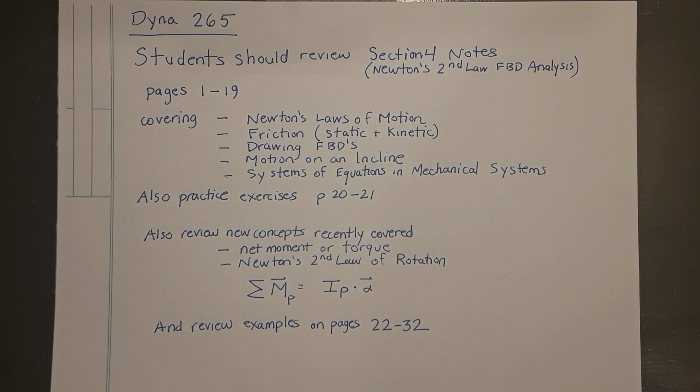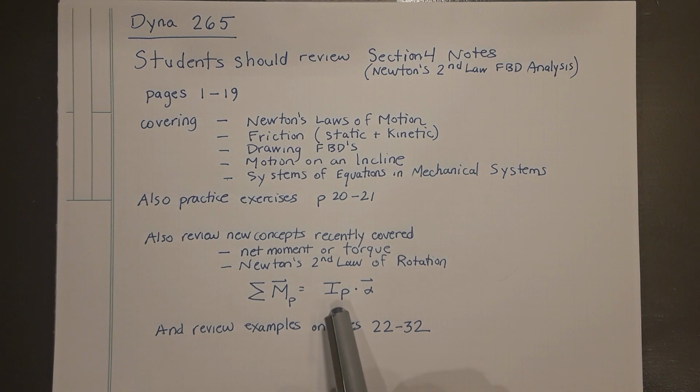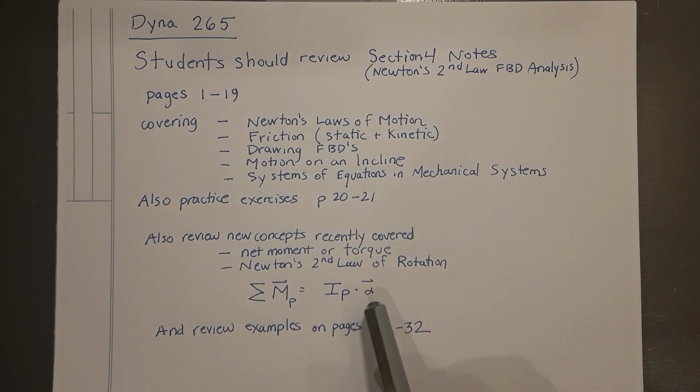There's a list of exercises on pages 20 and 21 of the section 4 notes that students should understand and master. And the new concepts that we have recently covered in the Dynamics 265 class are the concept of net moment or torque, and Newton's second law of rotation, which is net moment around axis P equals moment of inertia around axis P times angular acceleration.